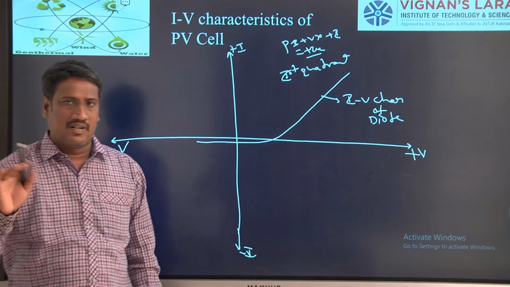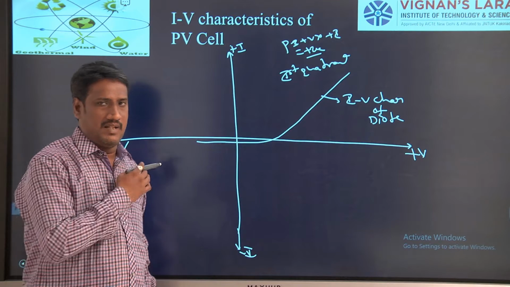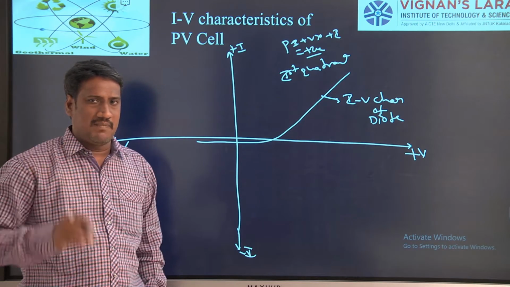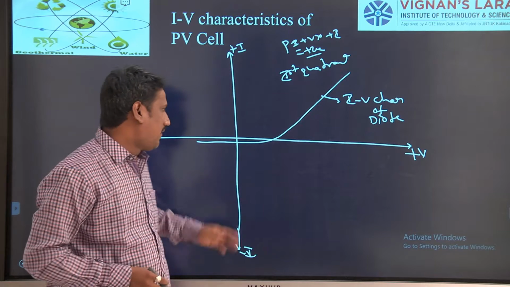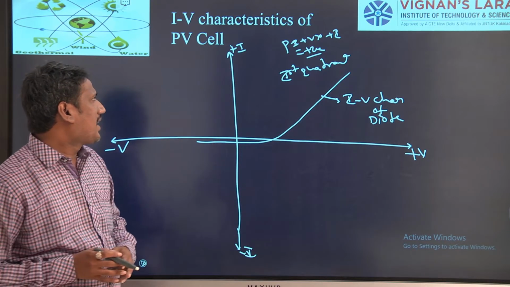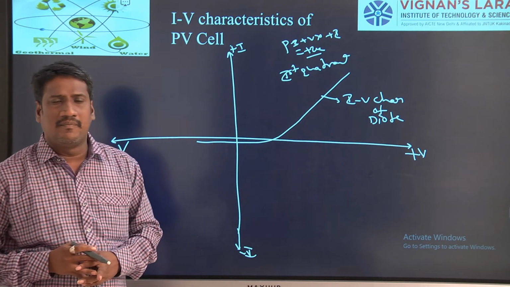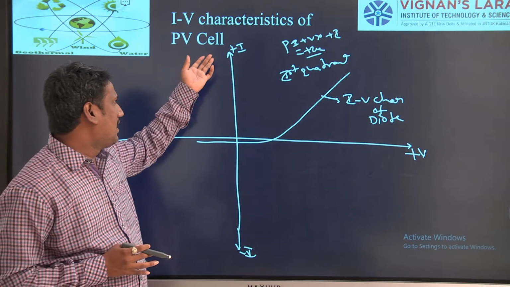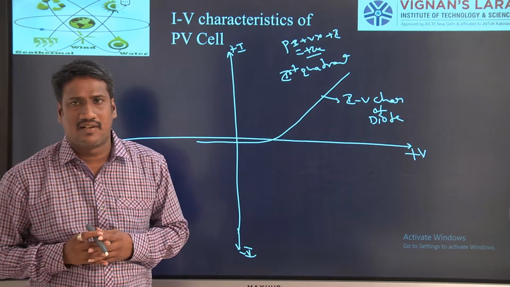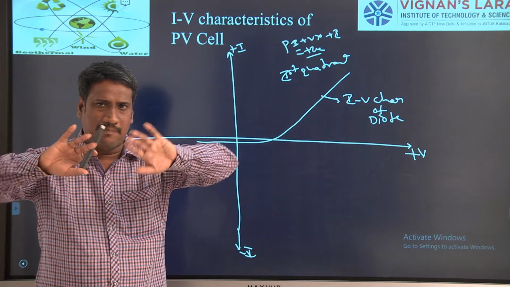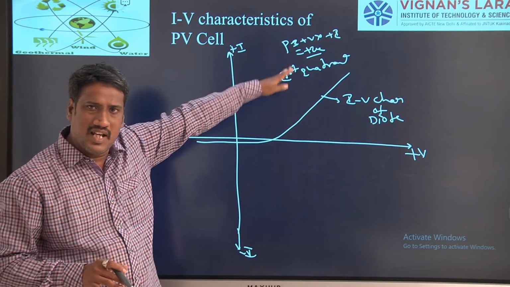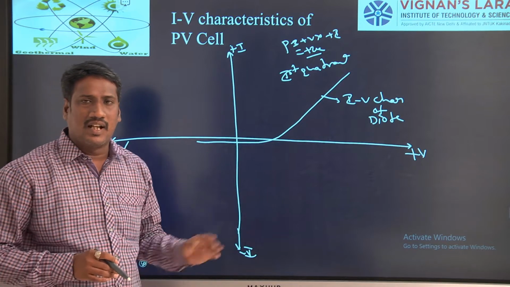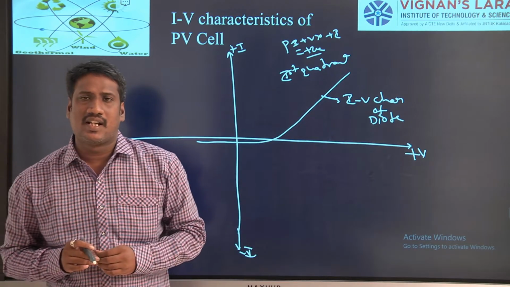So for all power consuming devices, the power will be positive. Whereas for the PV cell, I would like to deduce the IV characteristics of the PV cell using the diode characteristics. But what is the property? Diode is a power consuming device, whereas PV cell is a power generating device.